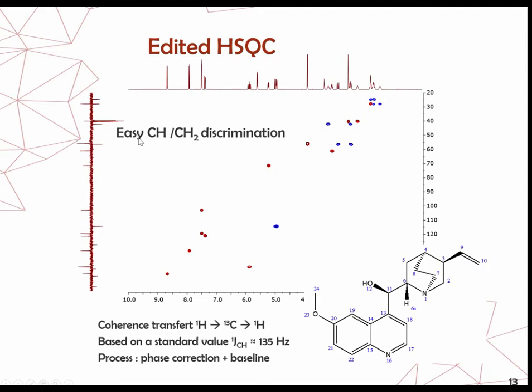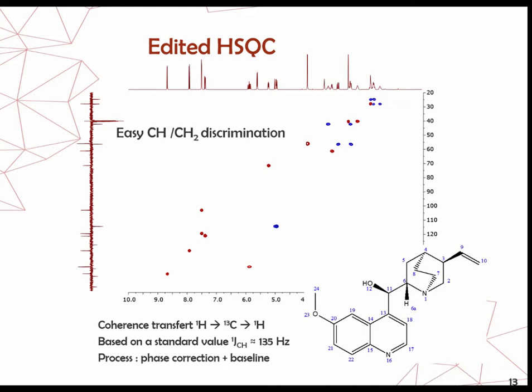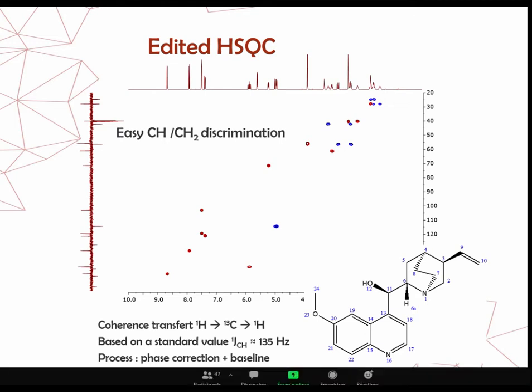It's very, very much quicker than performing a DEPT or a J-mode direct carbon detection. So you can stop using DEPT or J-mode and use only edited HSQC. So direct carbon one-dimensional spectrum, it's not mandatory, but it's almost.